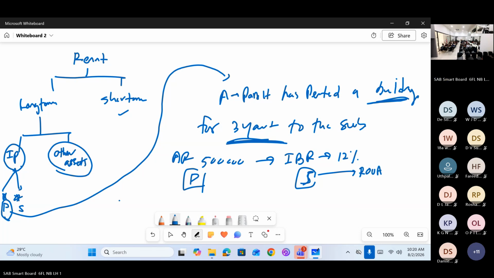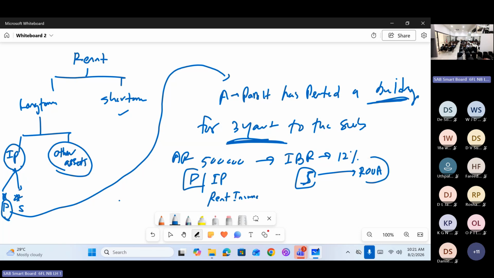Parent had recorded IP, investment property, and rent income. Rent income, right? IP and the rent income.